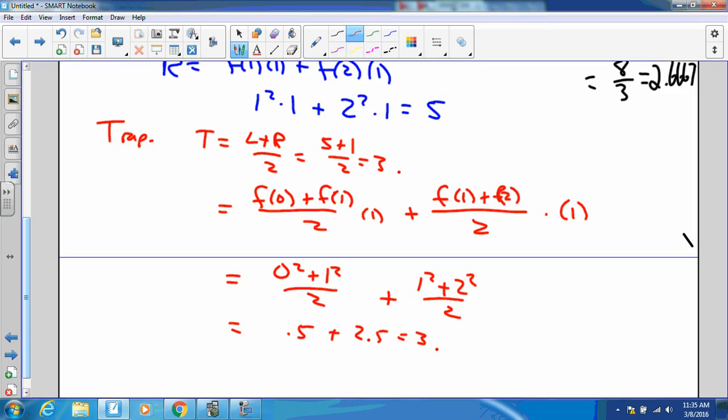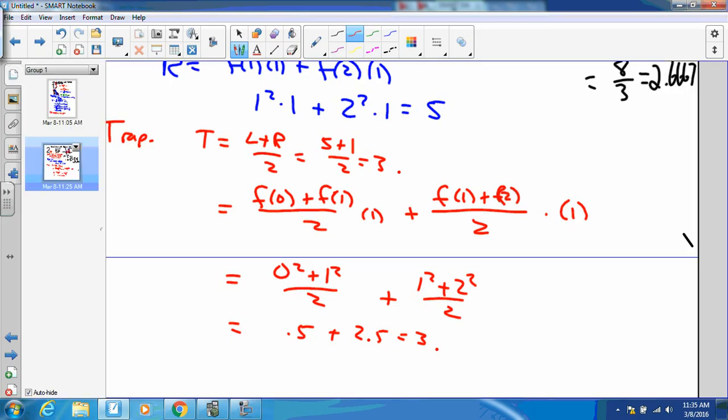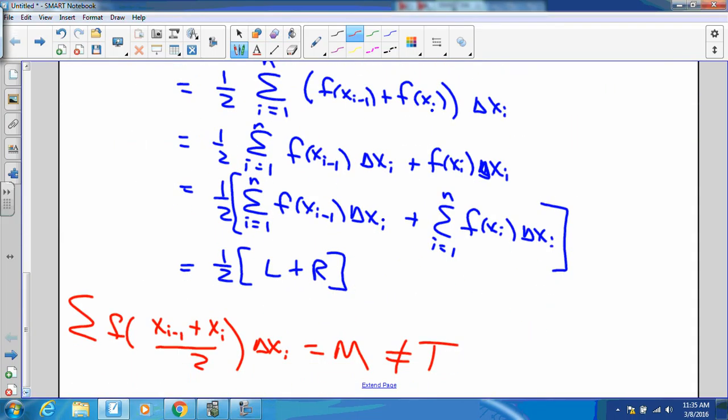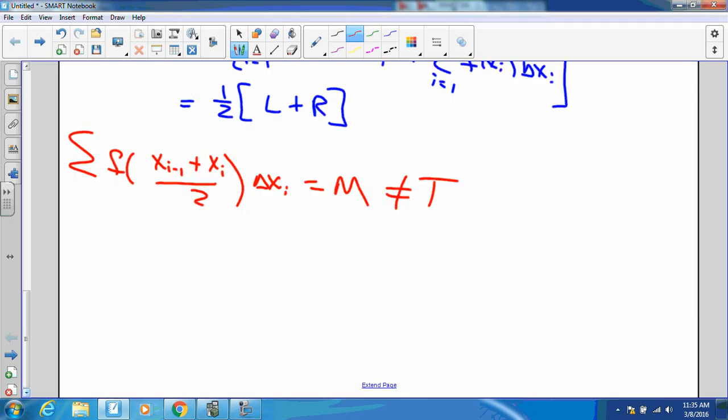No! I've gone over this like 3 times now. The trapezoid is never the same as the midpoint, because the midpoint sum takes the x's and averages those and uses that to find a height, whereas the trapezoidal sum averages the y values. Let me draw you a picture so you can see it.